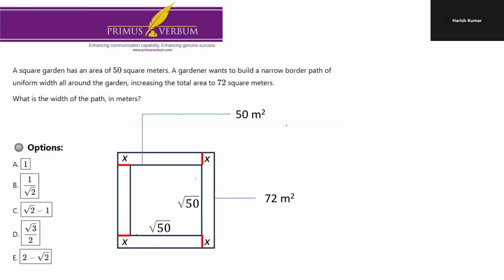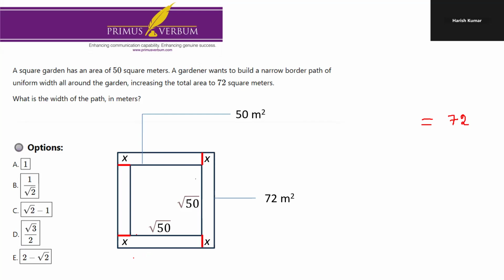We know that the new area after adding this narrow border path is 72 meters square. We get it by multiplying the length and breadth of the new larger square. So the length and breadth multiplied by each other will give us 72 square meters, and the length will be equal to the breadth because it's a square.